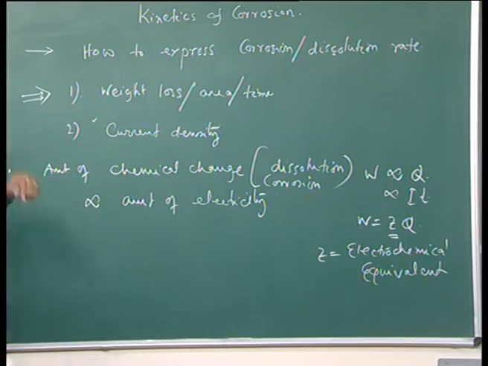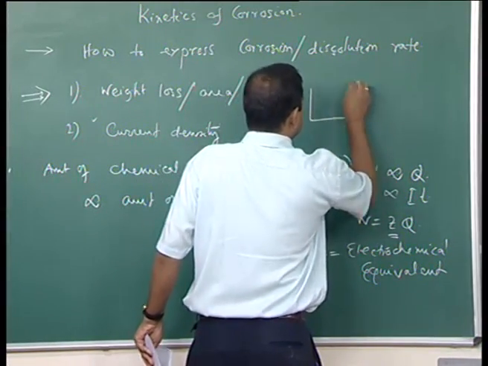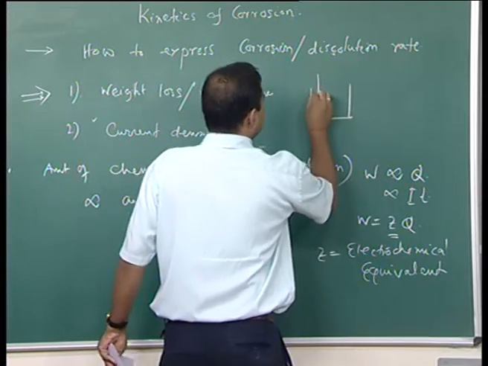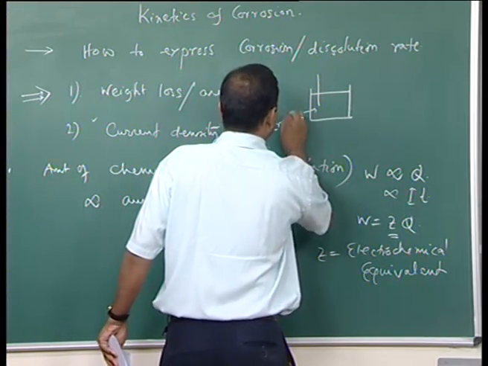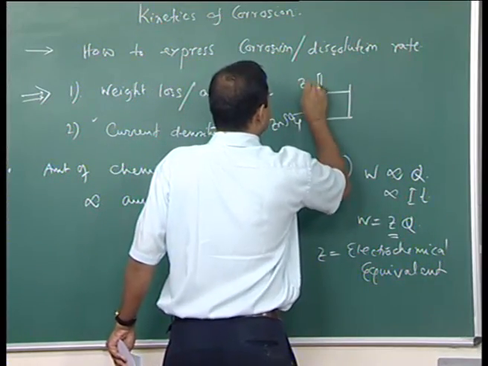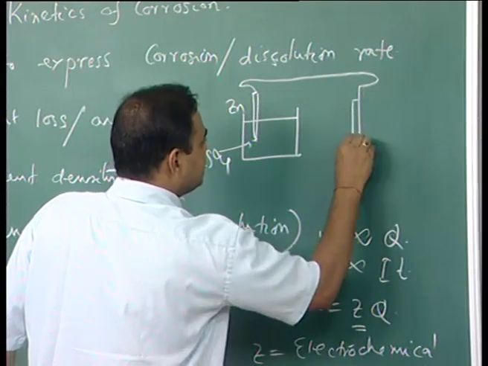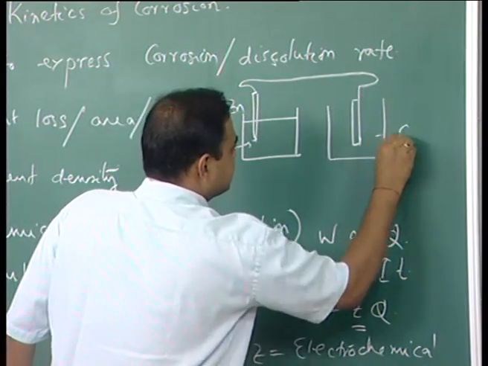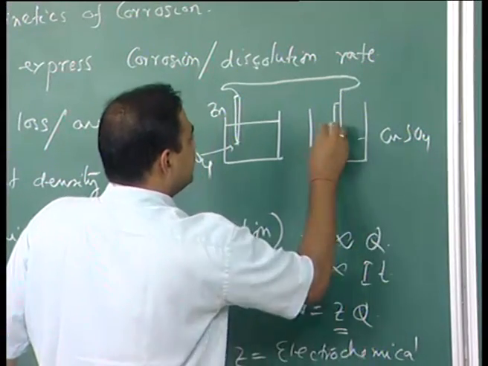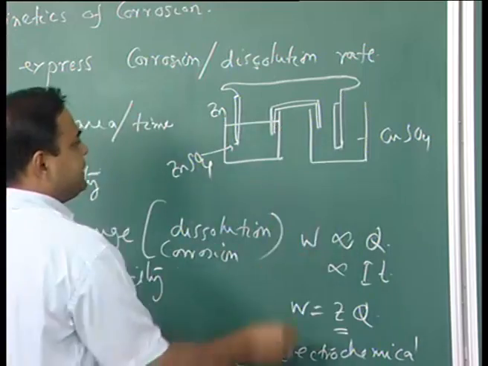That means, in case of a voltaic cell, let us say you have this zinc plate in zinc sulphate solution. Now, you have connected it to a copper plate in copper sulphate solution, and you have completed the circuit with a salt bridge.